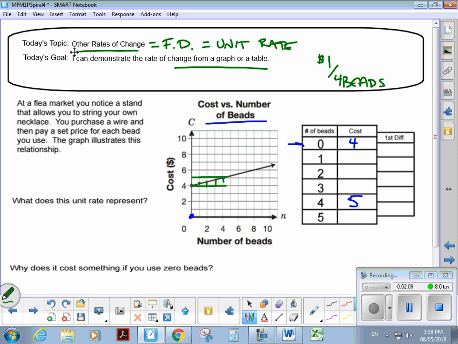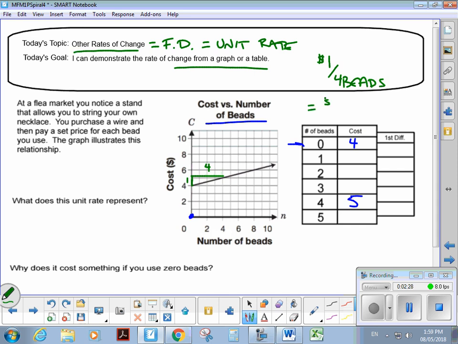All right. So again, I just clear that off. I went up $1 and across 4 beads to get to my next point. So if I just use the graph, I find that $1 for every 4 beads.